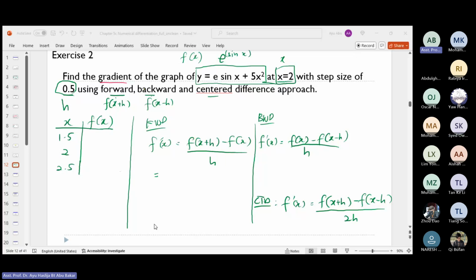Yeah. The rest get the same? 21.163. Yes, 21.17.